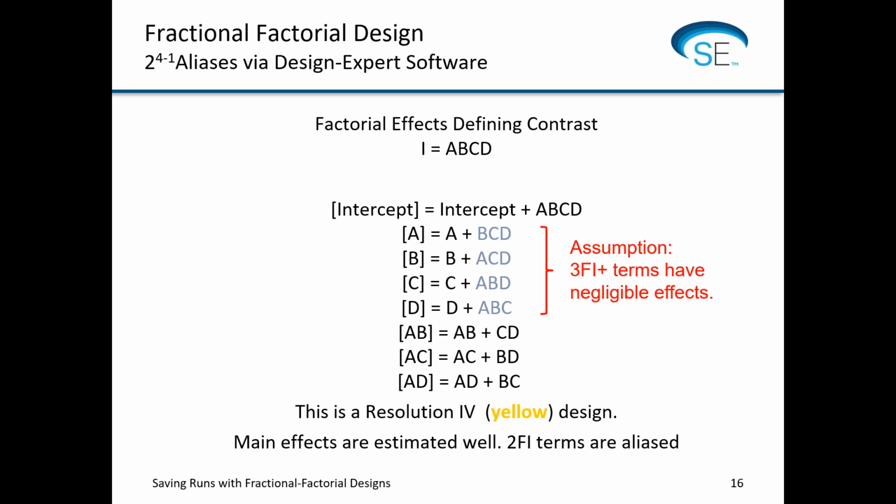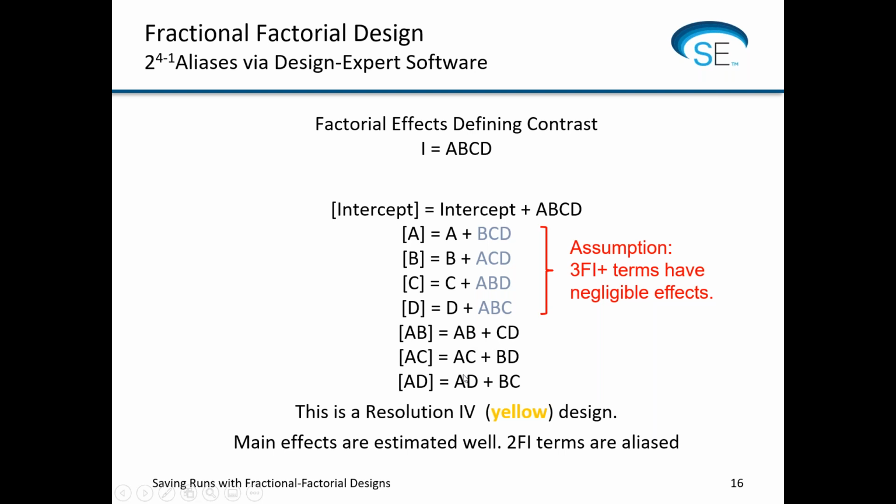Now, the problem here is that we still have two-factor interactions confused or aliased with other two-factor interactions. Okay, so it's going to be labeled AB, but it's actually going to be AB and CD combined together. Can't separate those because it's one column. It's only one math calculation.